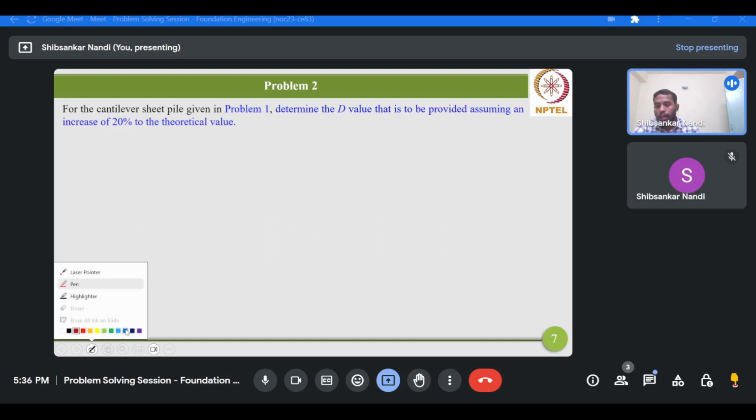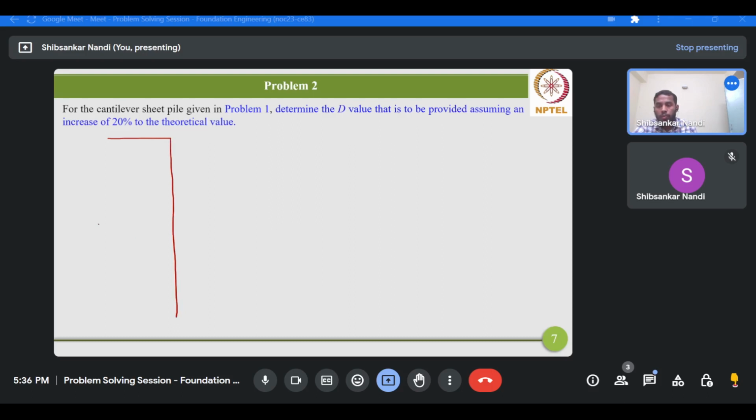So to do that, first we have to consider only the positive part of the net earth pressure distribution. We will not consider any negative earth pressure distribution while calculating the embedment depth.